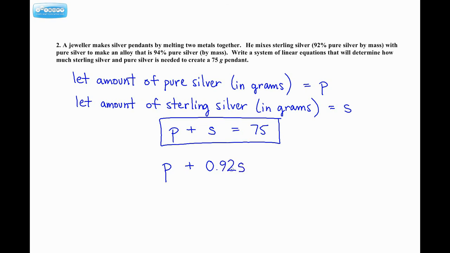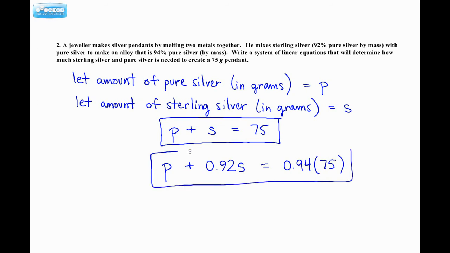So that's 0.92 S. Okay, that amount of pure silver added together has to be 94%, so 0.94 of the 75 grams. So remember, when you want to calculate a percentage of a number, you just express the percentage as a decimal and then multiply it by that number. So 94% of 75 is just 0.94 times 75. Okay, so this is the second equation.